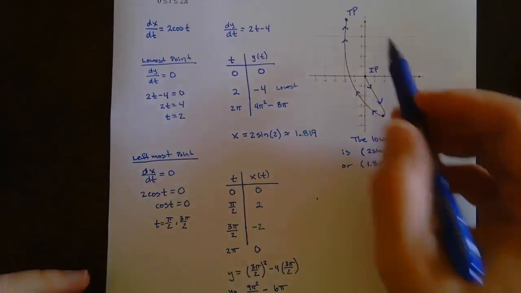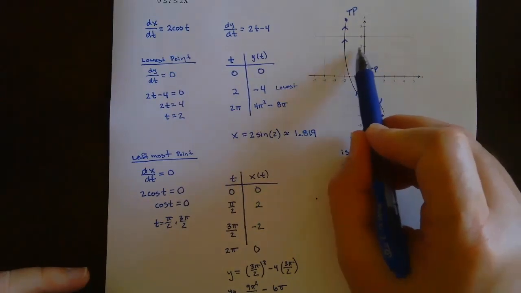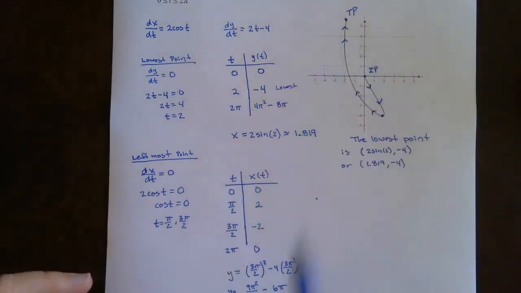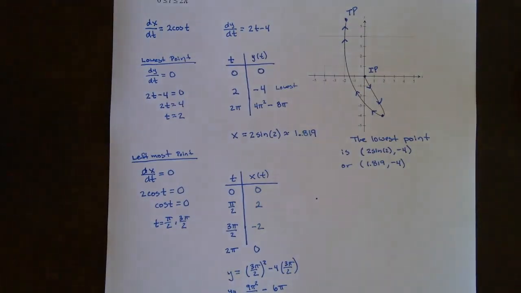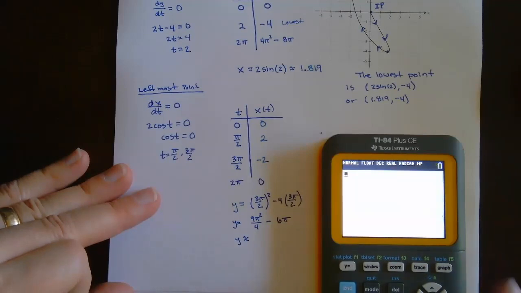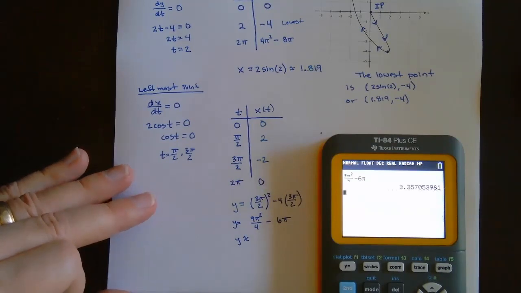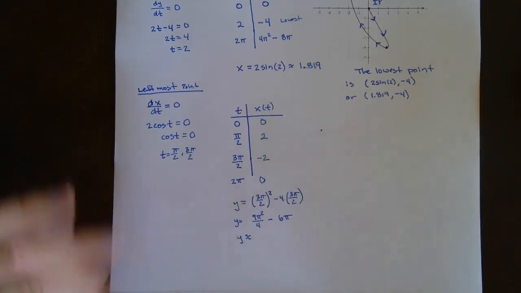You see right here is the leftmost point, right? And this number is going to come out to be close to 3, I think. I'm going to grab my calculator and we'll do this. So 9 pi squared over 4, minus 6 pi, and then 3.357.